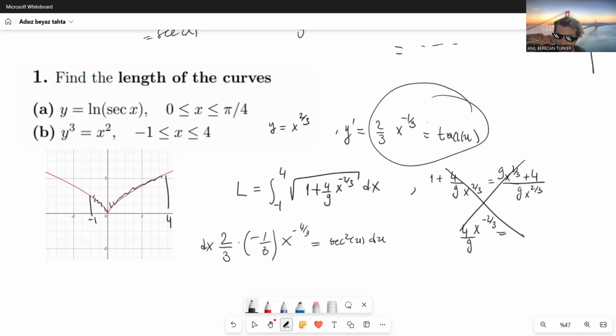And we said that this thing is tan u, so we have dx equal to minus 2 over 9, or rather minus 1 over 3. Instead of this thing, I'm going to multiply and divide by it.